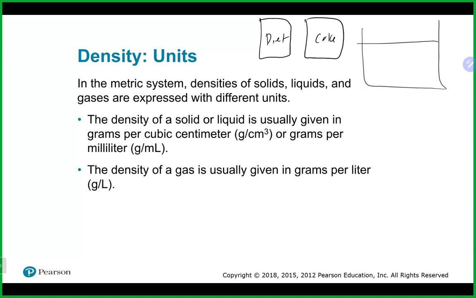I know the Super Bowl was yesterday, but it's a good party trick anyways. So actually one will sink, one will float. Which one do you think is going to sink? The regular Coke. It has a lot of sugar in it, making it more dense. Diet Coke has artificial sweetener, not so much sugar, so it actually is less dense. So the Diet Coke would float, and the regular Coke would sink in that case because of the sugar.